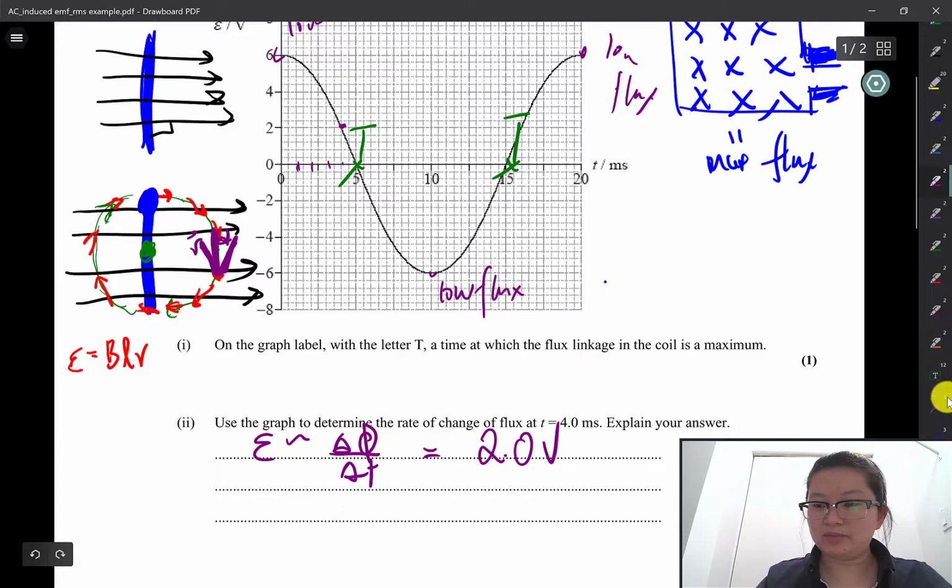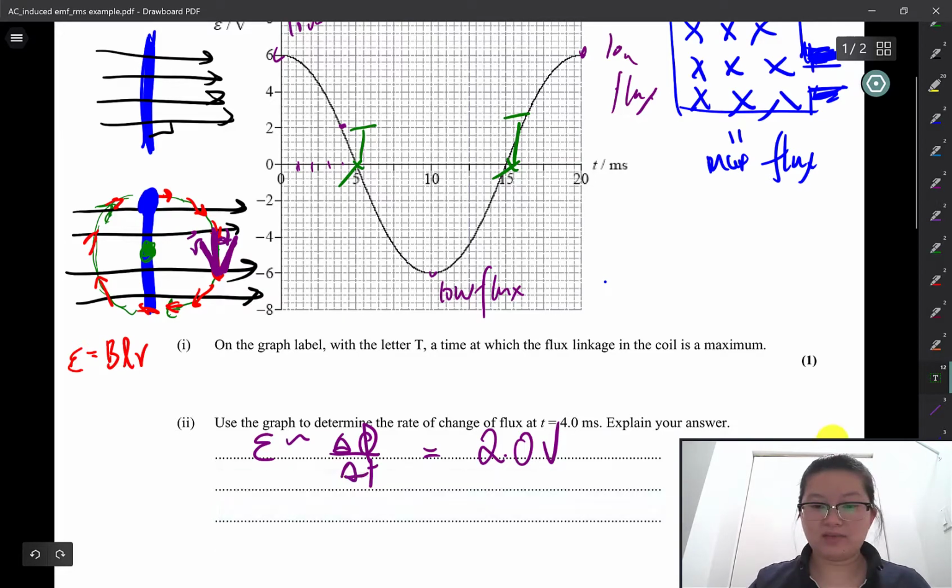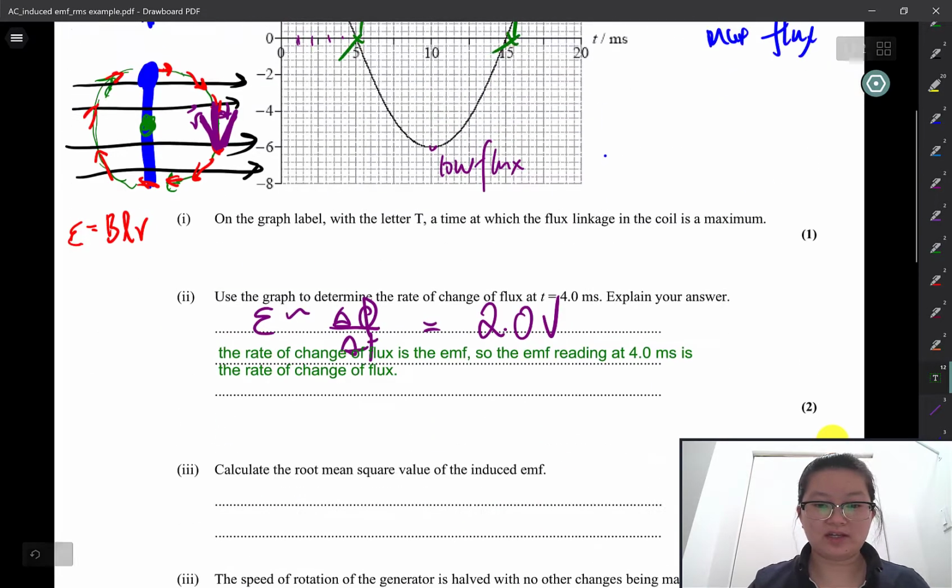If I have to explain my answer, I'm going to have to say something along the lines of: it's the rate of change in flux that gives me the EMF. So the EMF at 4 milliseconds must be my rate of change of flux. So that's what my explanation would look like.